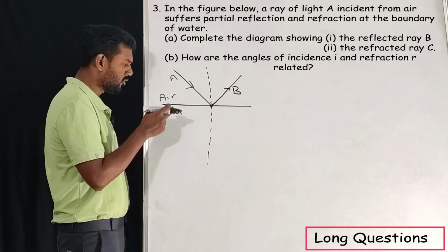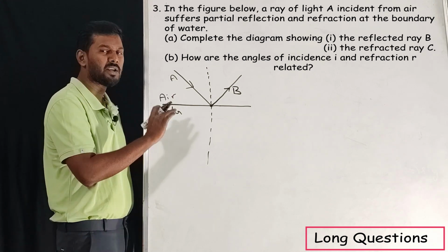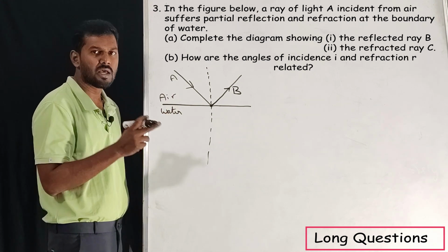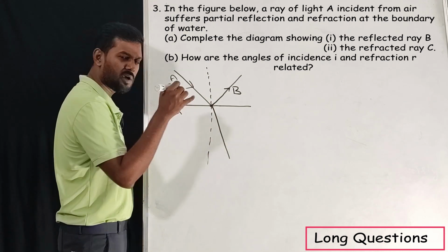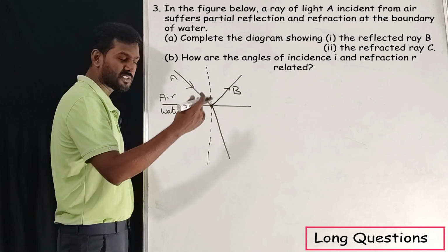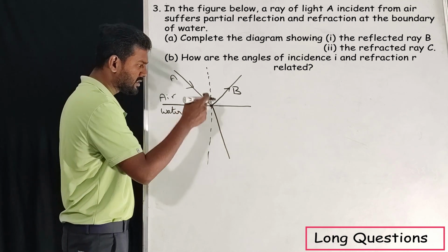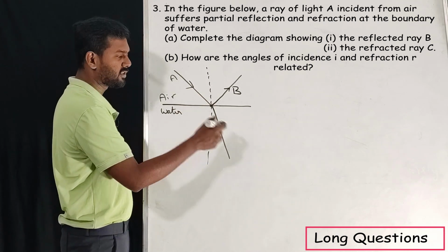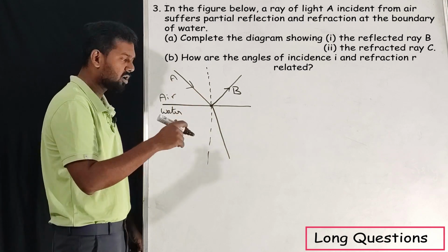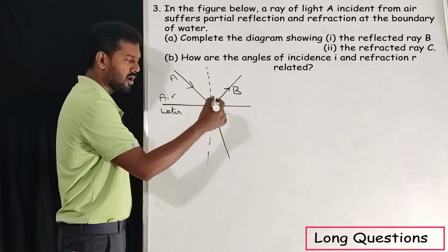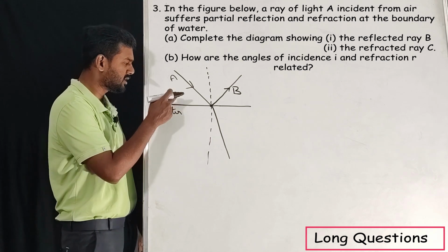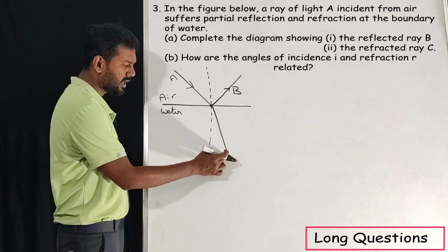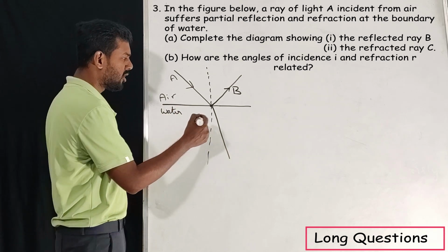Now air to water, does the speed reduce or increase? The speed reduces, that's why it goes towards the normal. If the ray goes exactly straight like this without any deviation, it is wrong, and if it is more than half, away from the normal, that is also wrong, because in this question it is clearly mentioned air to water, so the ray should be towards the normal.